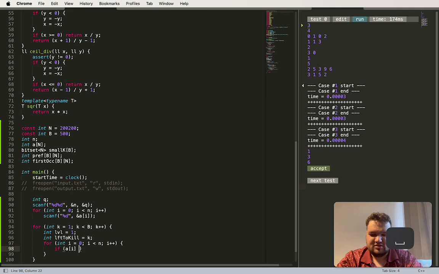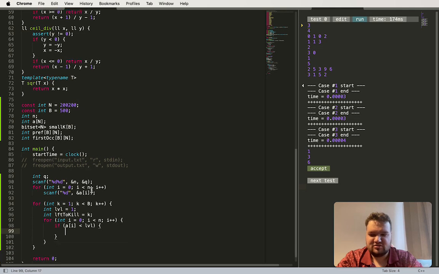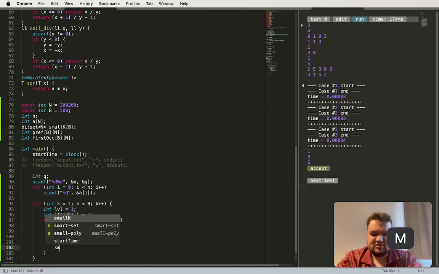If the level of current monster is smaller than our level, we don't kill him, so don't do anything. Otherwise, we remember that we do kill him.